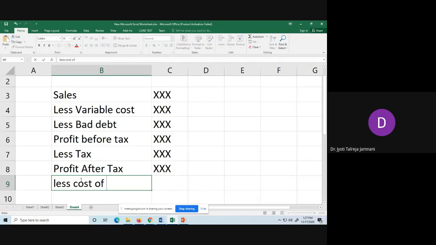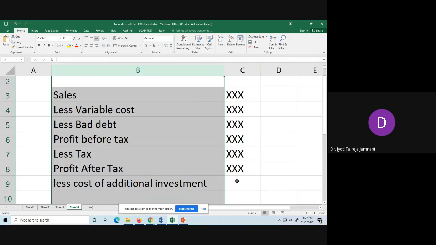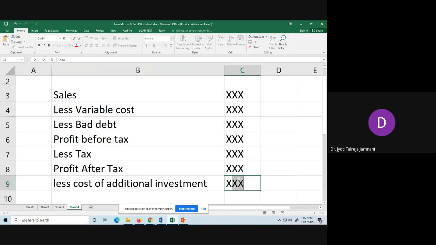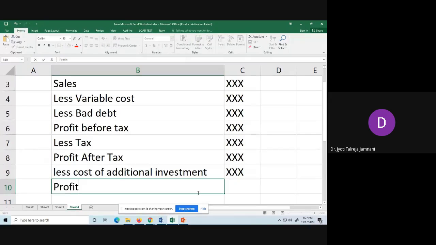If you're borrowing, what is the loan amount or cost that you will be paying as interest? Cost of additional, or you can also call it incremental investment, because we are taking delta I, which means it is additional or incremental. You need to less that, and what you will get is profit, or you can also call it residual income.